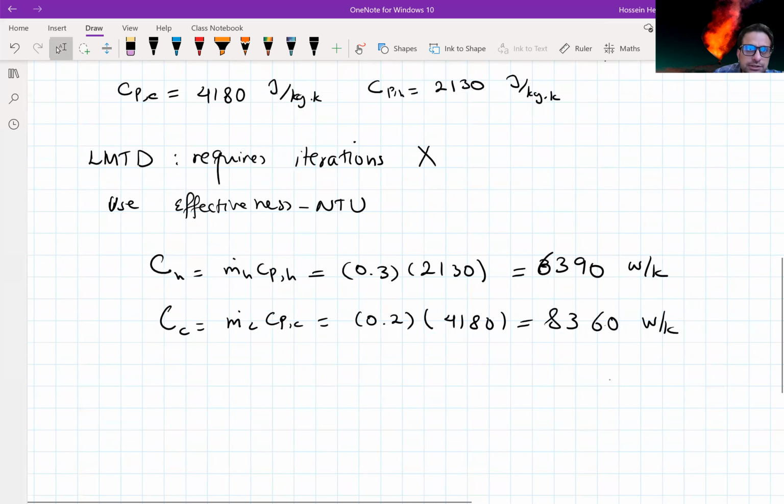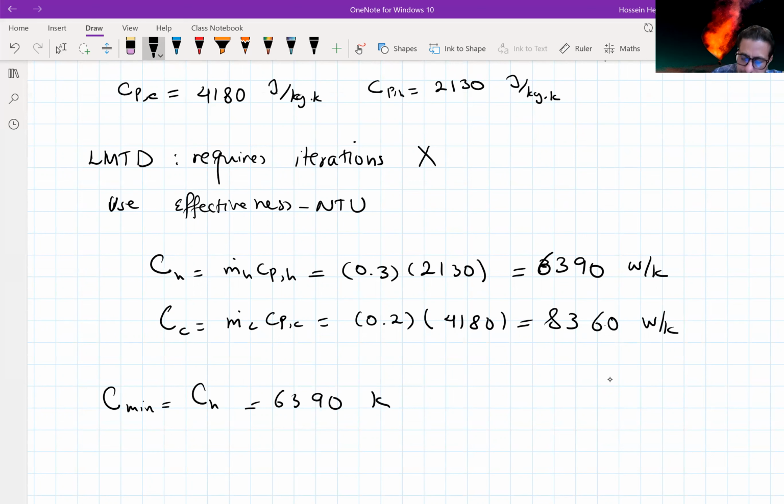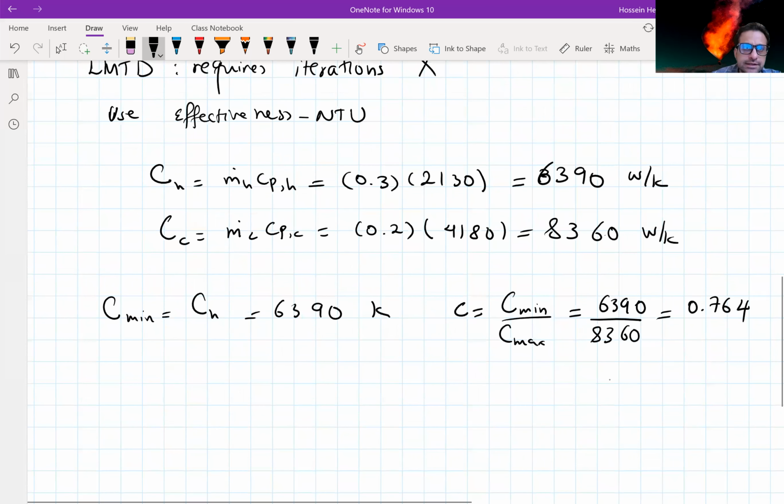So out of the two, C min is going to be the hot stream, which is 639 watt per Kelvin. Capacity ratio C min over C max, 639 over 836, which is 0.764. Okay, so I have C here.